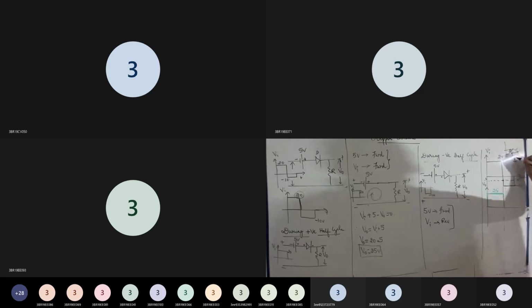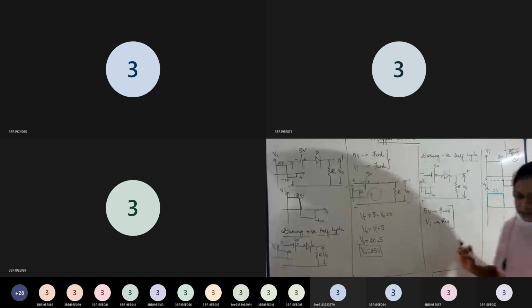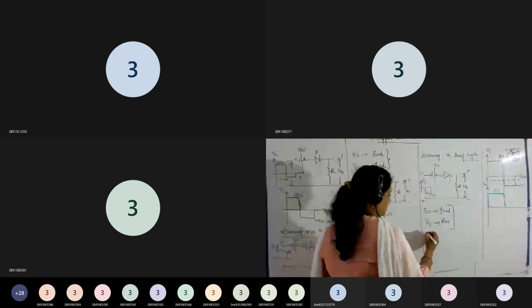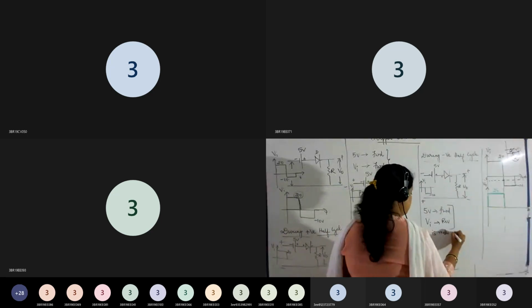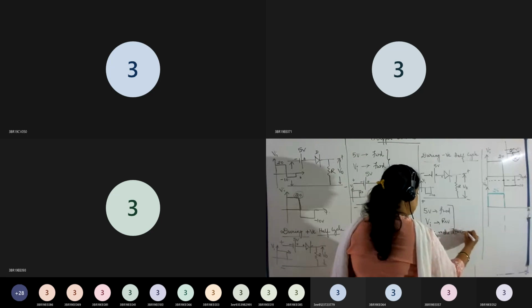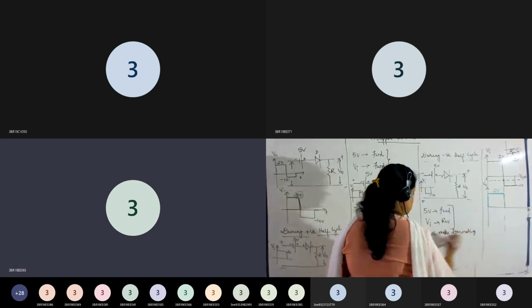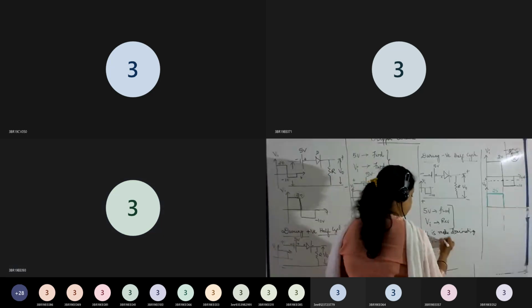Here we have taken 3 regions for the sinusoidal waveform. But in the square wave case, no need to take the regions because for the entire negative half cycle that 10 volt is fixed. So during the entire negative half cycle, Vi is more dominating over minus 5. Is it right?